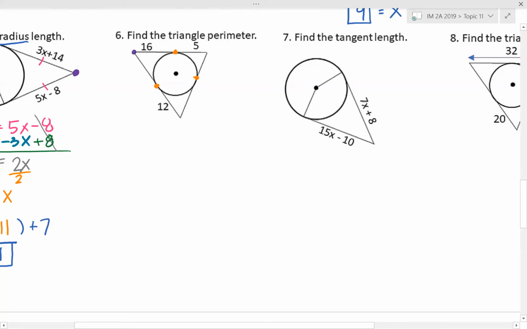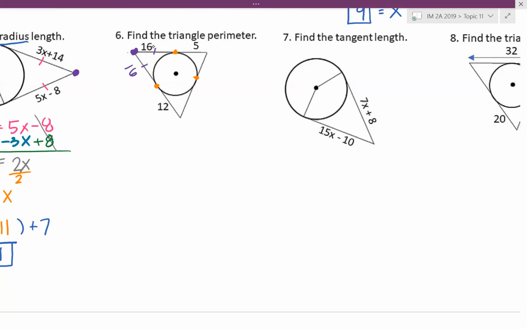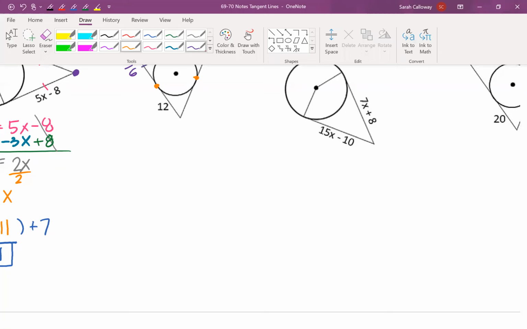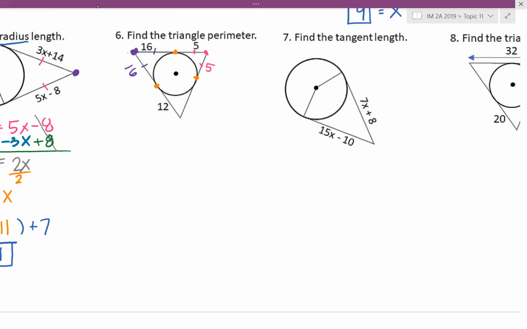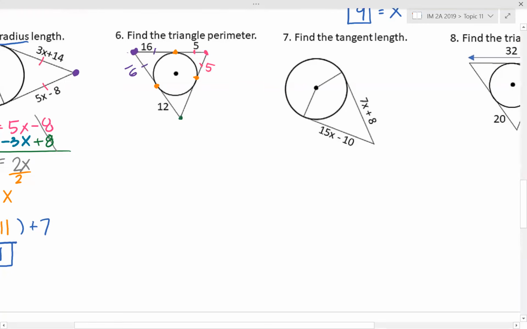So if this 16 is attached to this point, that means that the other part attached to that point is also 16. Since this 5 is attached to this point, that means that the part across from it is also 5. And finally, since this 12 is attached to this point, the other piece attached to that point must also be 12.